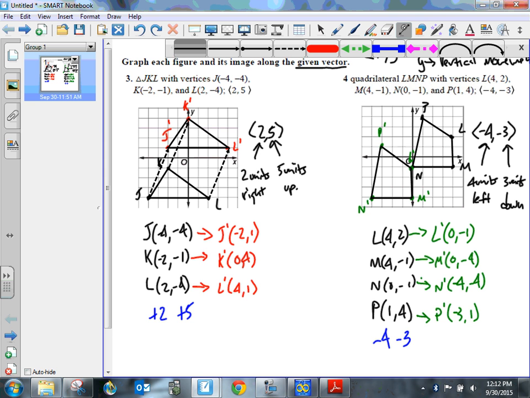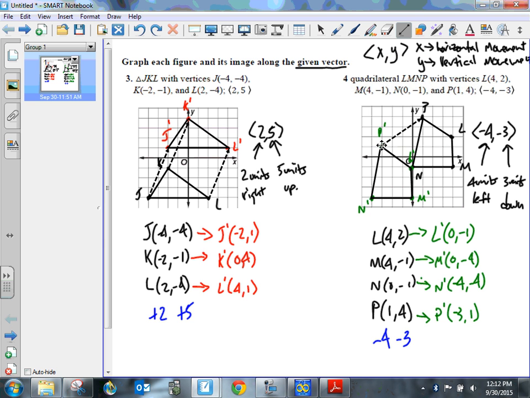Now, if I connect the image points to the pre-image points, then we end up getting this same vector. Actually, it should be going the other way. It should be going this way. But you get the idea that all these lines are parallel. They're going in the same direction, and it looks like a three-dimensional shape now.